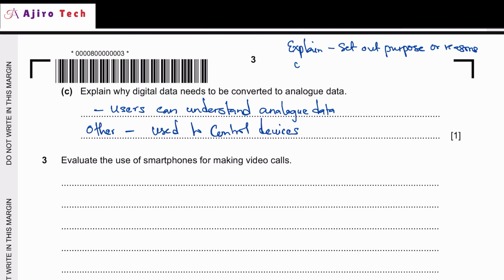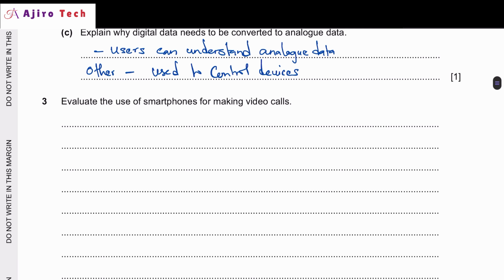Set out the purpose of a relationship. Relationship between things. And of course, we support them with relevant evidence. But we talk about evaluate. Most students fail evaluation.